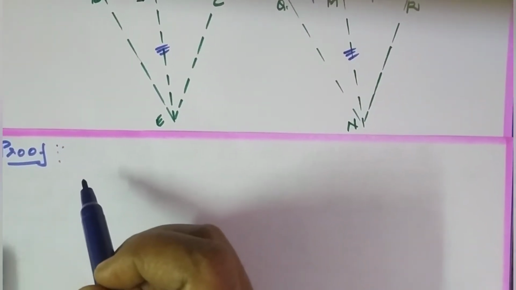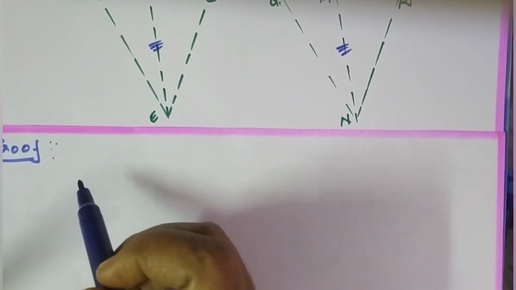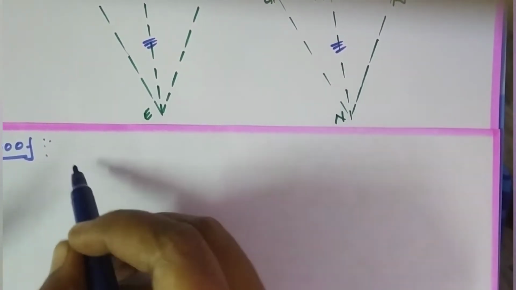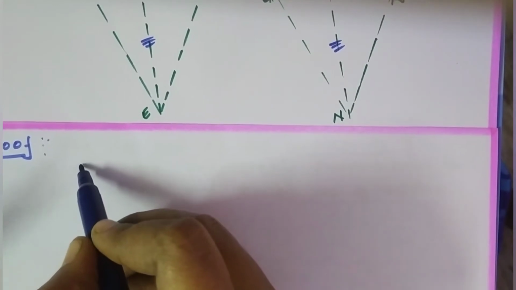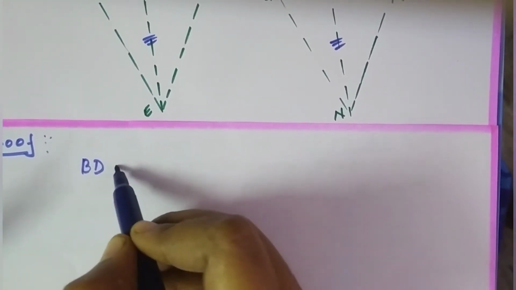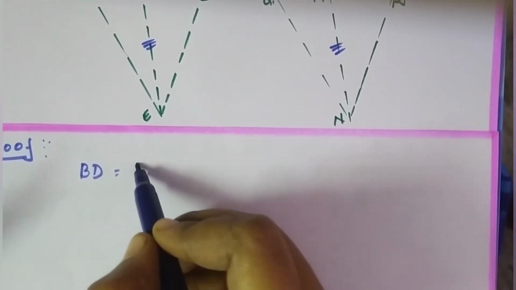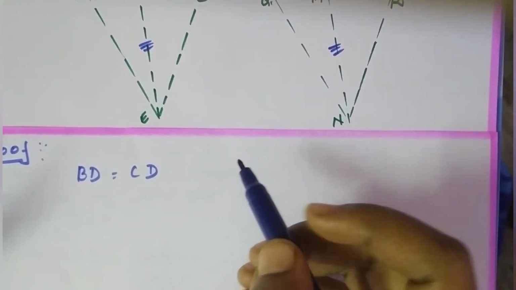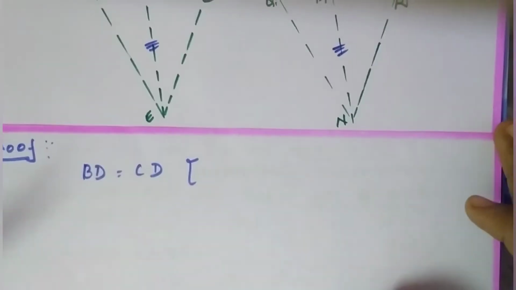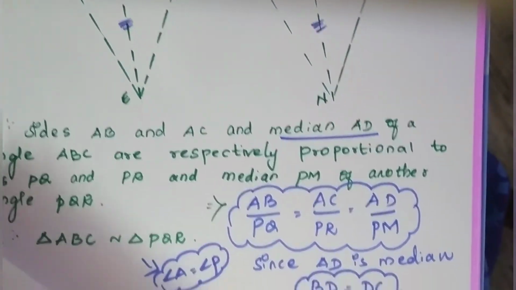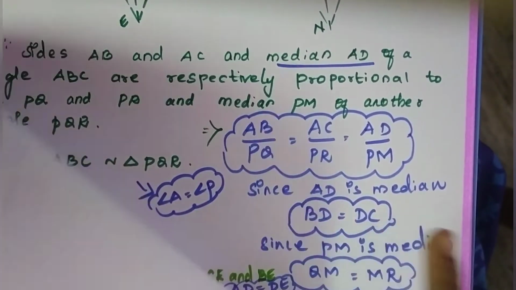Proof. Now I am going to start our proof. First I am going to take BD is equal to CD. See this one. BD is equal to DC.